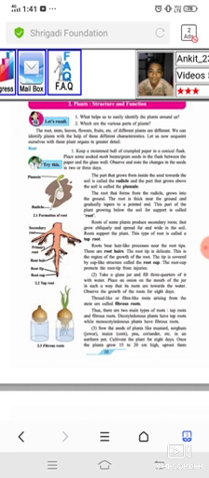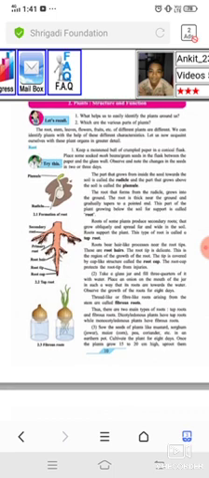Dicotyledonous plants have tap roots, while monocotyledonous plants have fibrous roots.